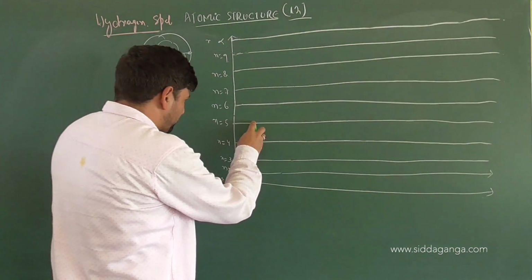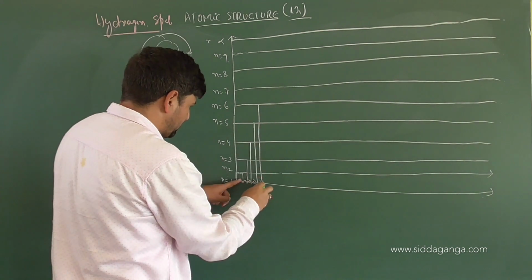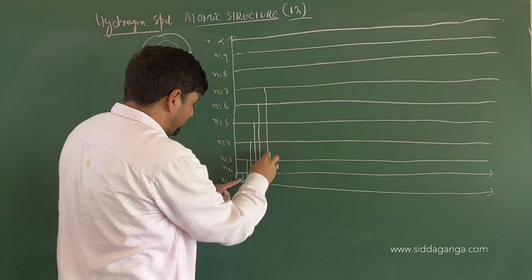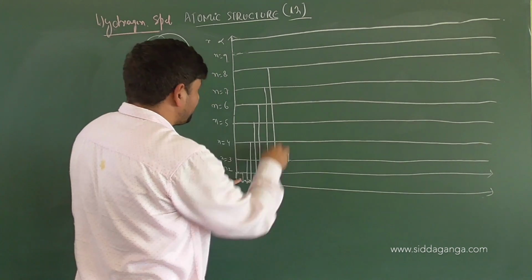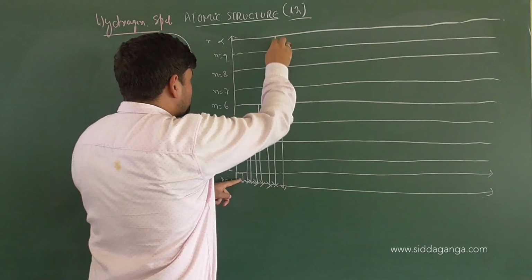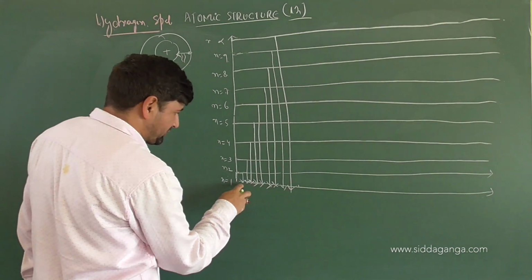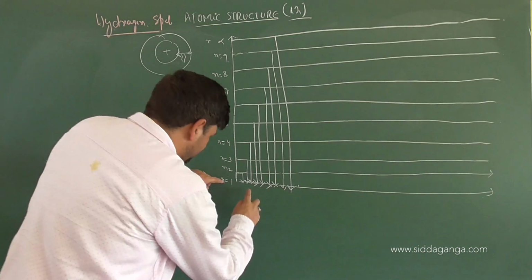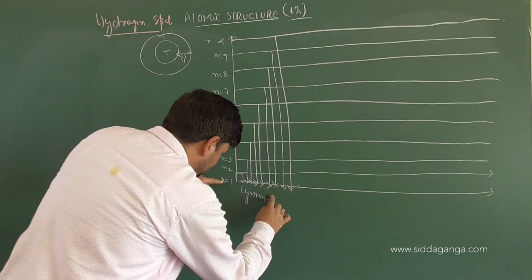So the electron is coming from higher energy levels to lower energy levels by emitting energy. In this series, the excited energy levels are 2, 3, 4, 5, and so forth, and the ground state where the electron is coming is 1. So this series is called the Lyman series.